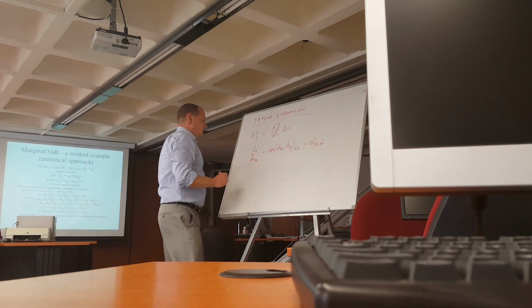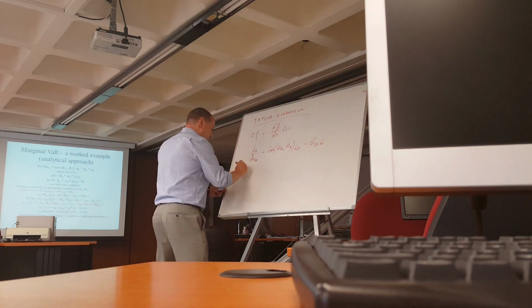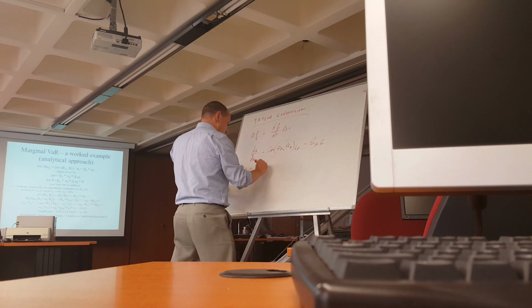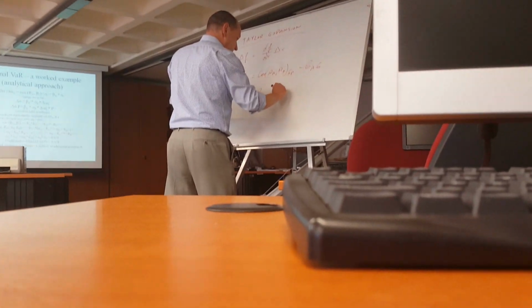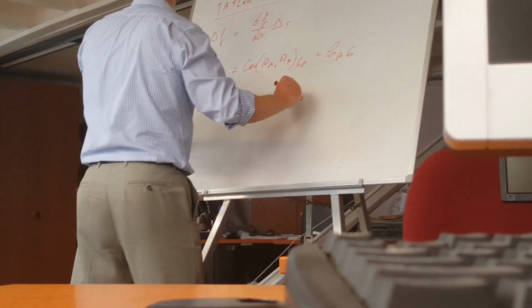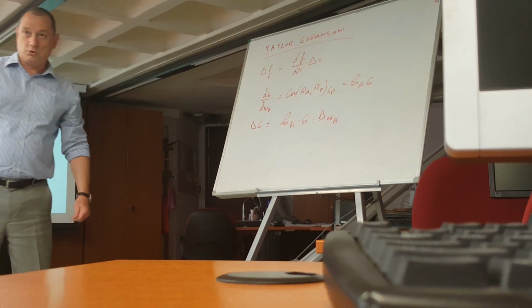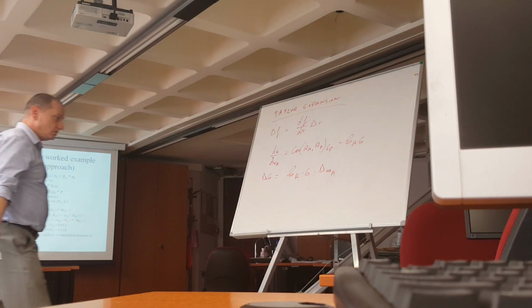So, this sigma of d omega A is this. Just applying the Taylor expansion, we say delta sigma is simply beta A times sigma times delta omega A. Again, what we want is euros.